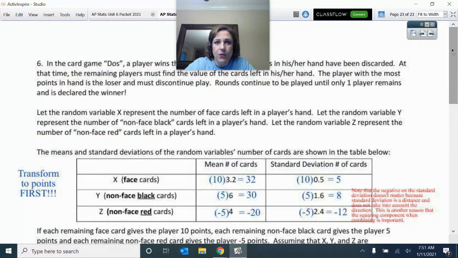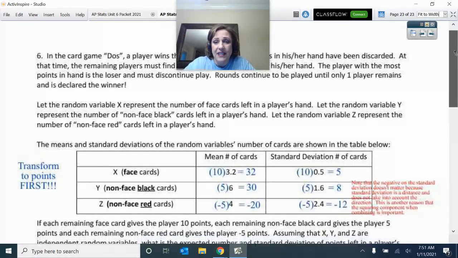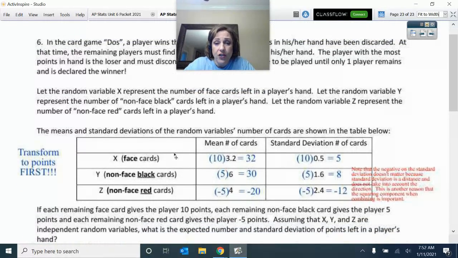All right, but this one is super duper important. Transform, because what we have is cards, and we're getting points for those various cards that we have left in the hand. I first came up with the point values, because ultimately, what's the expected number and standard deviation of points left in the player's hand? So I want to come up with the points first.